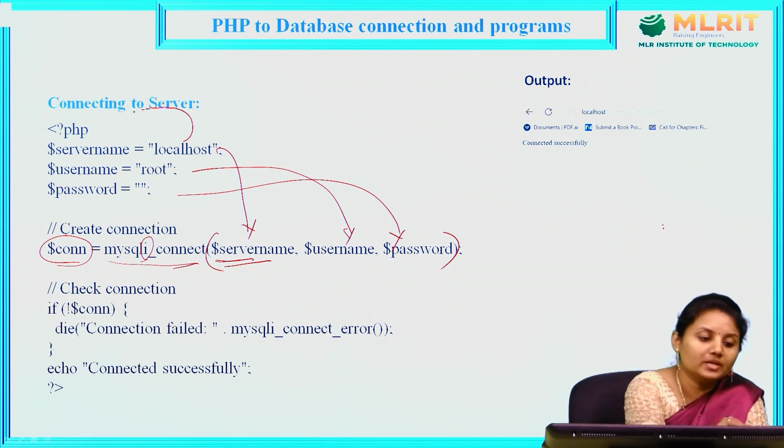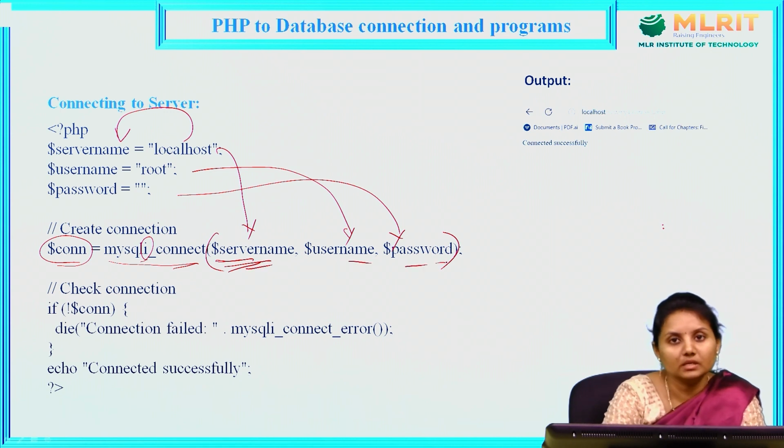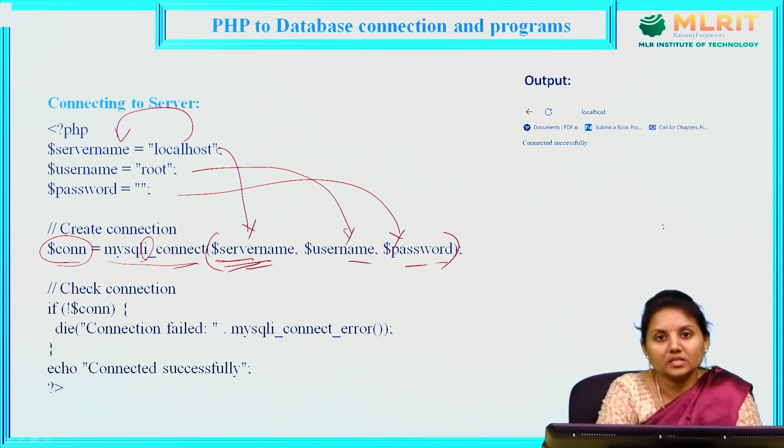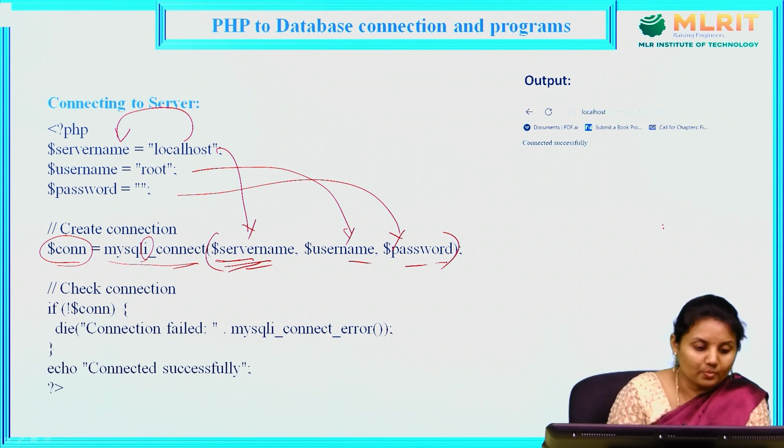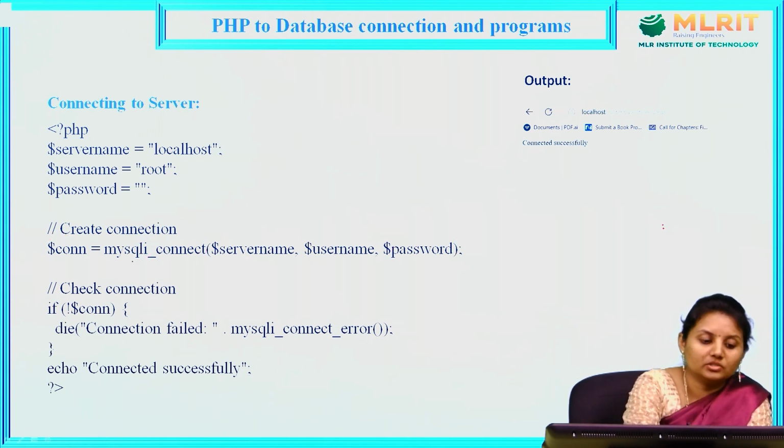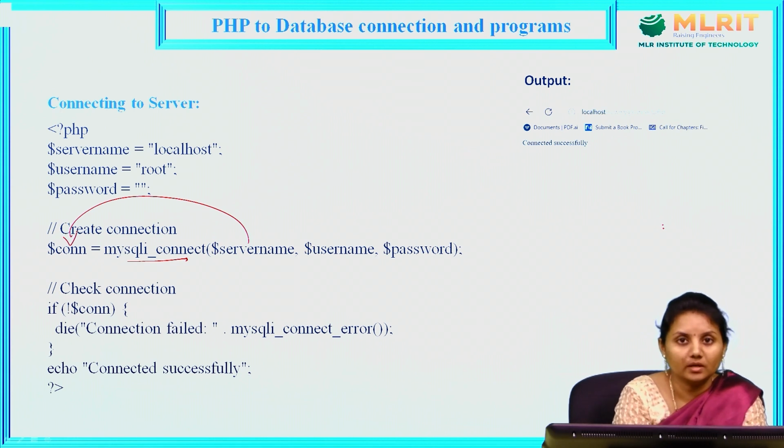Rather than initializing variables here and sending them, you can also pass the values directly as the parameters. When you use this mysqli_connect, the result is stored in the $con variable.